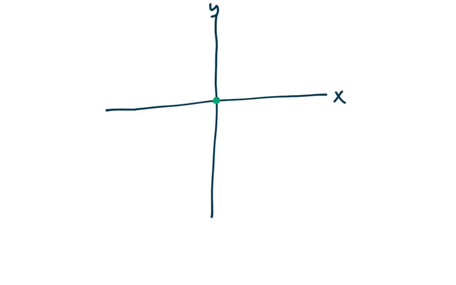Let's focus on the x line first. To the right of the origin would be positive, so this could be 1, 2, 3, 4, 5, 6, 7. To the left of the origin would be the negatives, just like on the number line: -1, -2, -3, -4, -5, -6, -7.